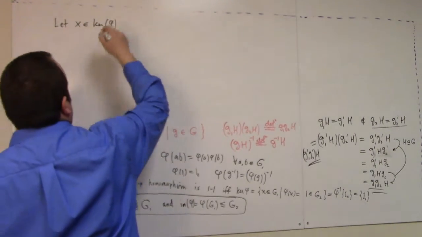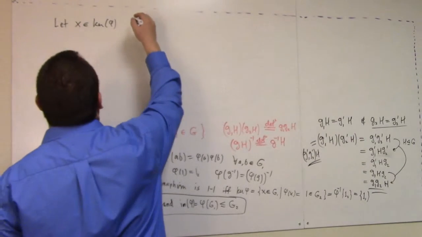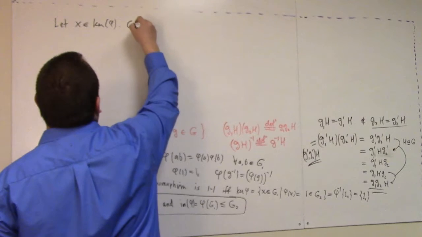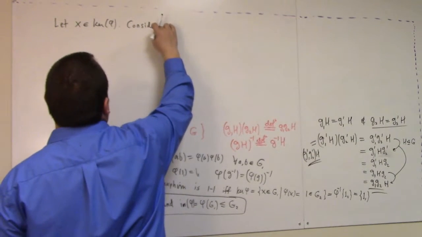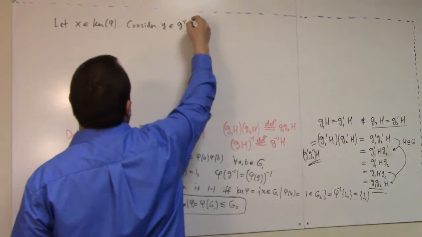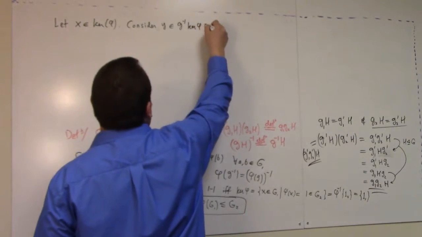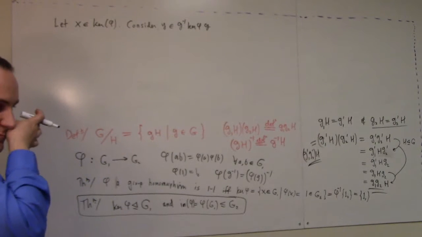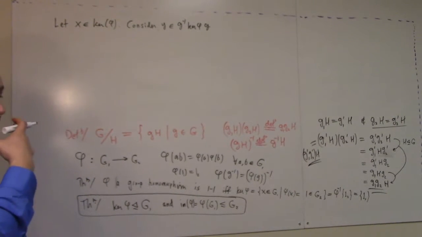What do we need to do to prove it's normal? We need to consider something like y an element of g inverse kernel g. I'd like to show that y is again in the kernel of phi. Okay.